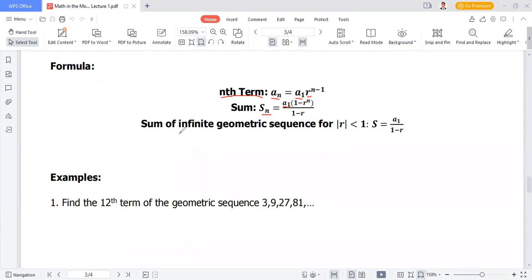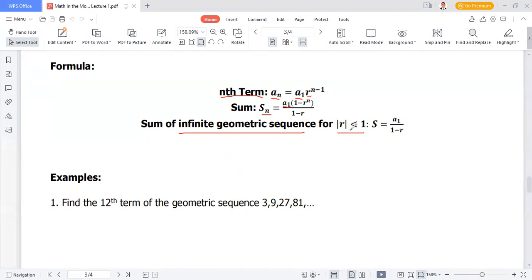So, for infinite geometric sequence naman, ang magiging sum natin will be, s equals a sub 1 over 1 minus r. Ito pala ay condition: absolute value of r should be less than 1. Okay? So, dito, hindi kasali yung, for example, 2.